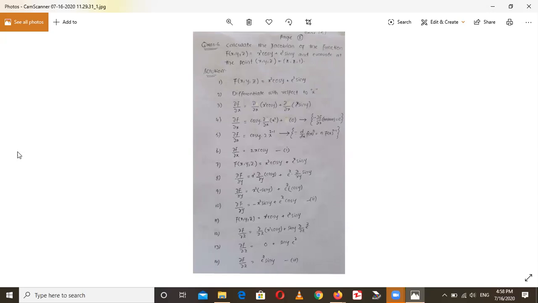So line number one, f(x, y, z) is x square cos y. Okay, this is the question, but remember, the thing in the power of e is z. It is not square, it is z.